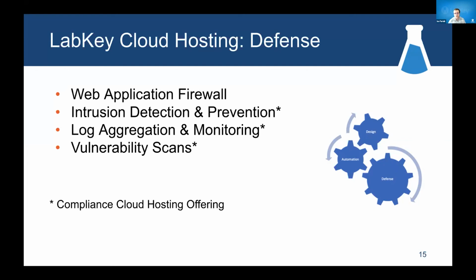This allows us to block known bad actors or IP addresses, or categorize network traffic that might be intrusive or unwanted, and deny that at the application layer, which is nice. In our compliant cloud offering, we implemented even more defense strategies. That list includes intrusion detection, prevention, log monitoring, and vulnerability scans. We'll talk a little bit about that later.